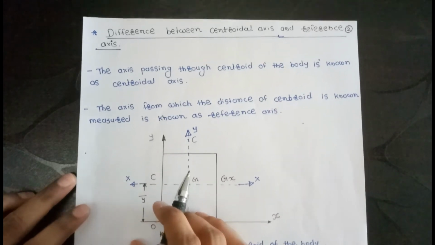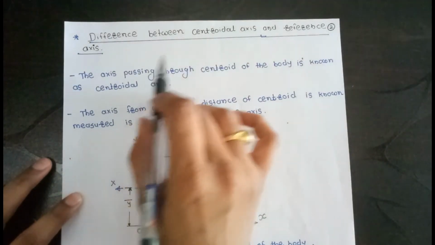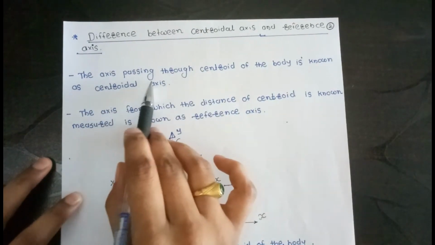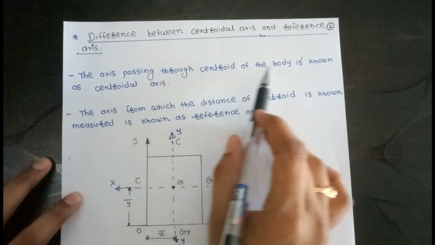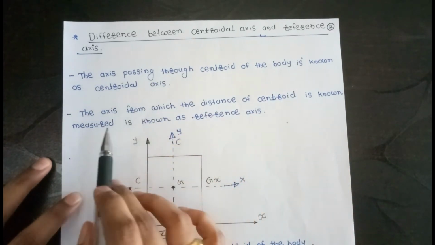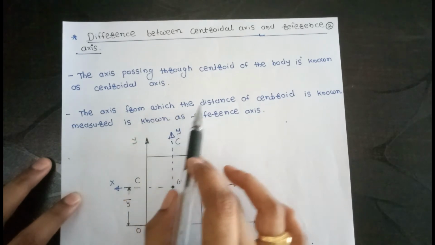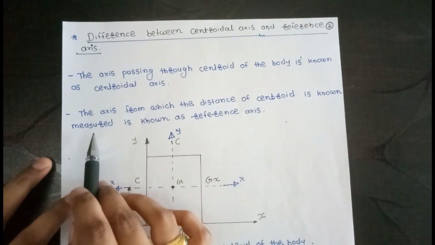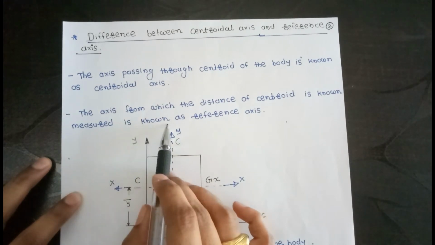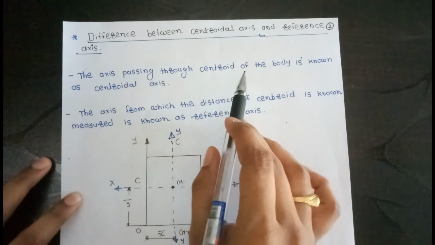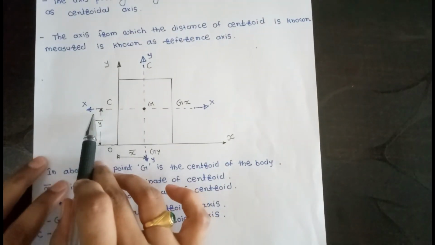So, the difference between centroidal axis and reference axis. The axis passing through the centroid of the body is known as centroidal axis, and the axis from which the distance of centroid is measured is known as reference axis. See this diagram.